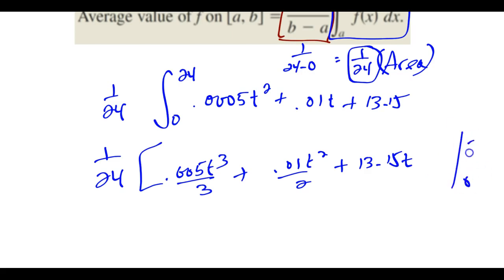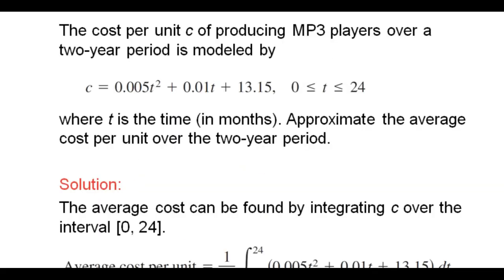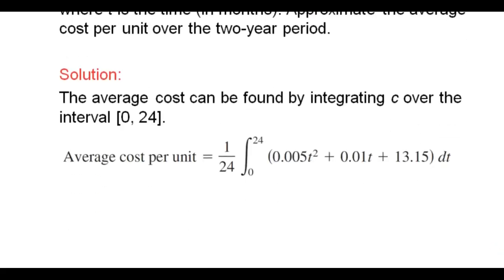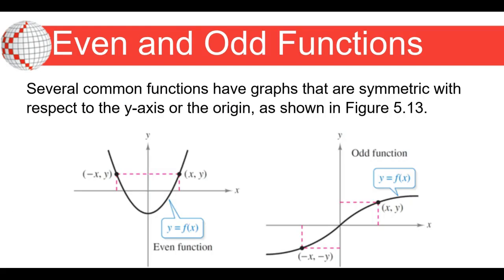T evaluated between 0 and 24, and do the fundamental theorem of calculus, and I think this turns out to be 1430 after you do that f of 24 minus f of 0, and then multiply by 1/24. Let's see if the author gets something similar. Yep, and they even showed you what that turns out to be. So make sure you can get the 341.52 after you do the fundamental theorem of calculus.